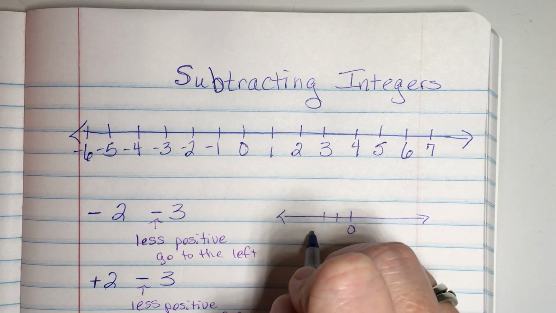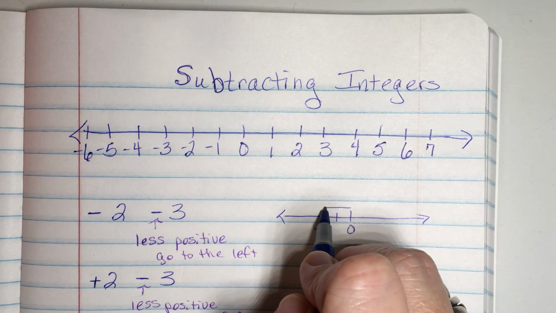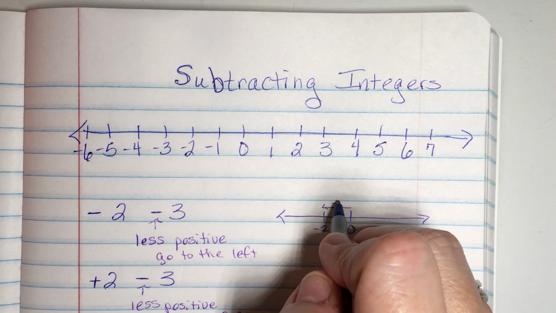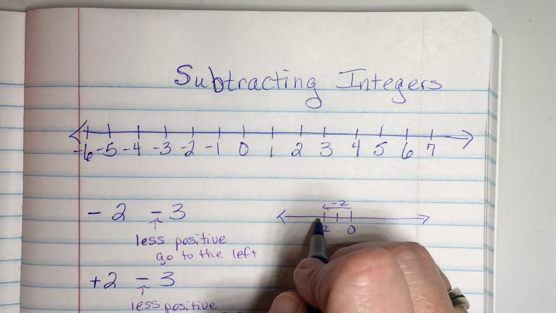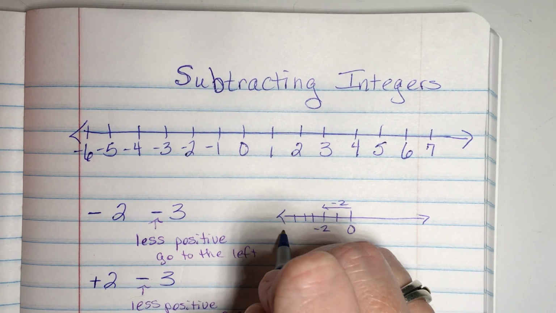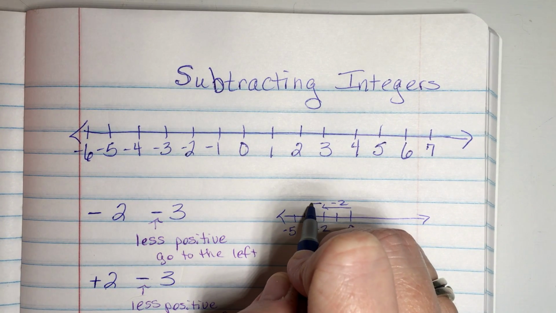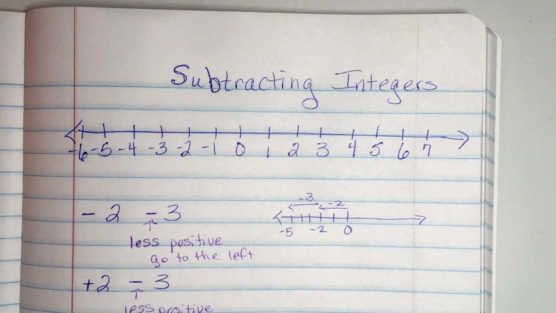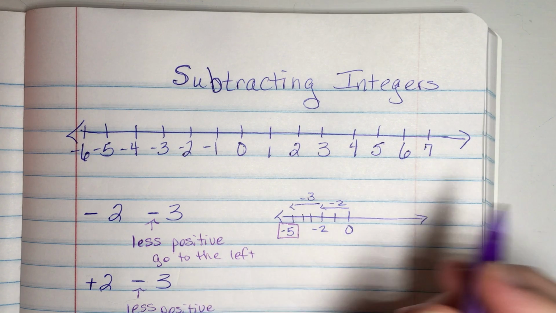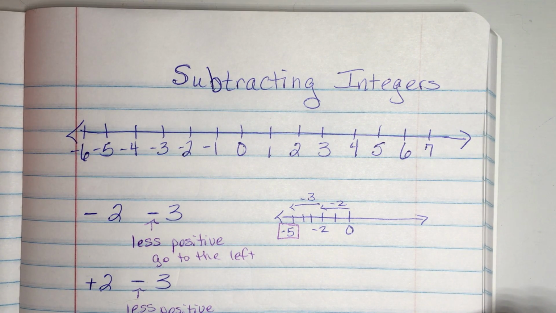So if we start at -2, right? We go back to -2. And then we want to get less positive by 3. So we're going to go back 3 more. 1, 2, 3. And remember, wherever you end up at is your answer. So that gives us -5.